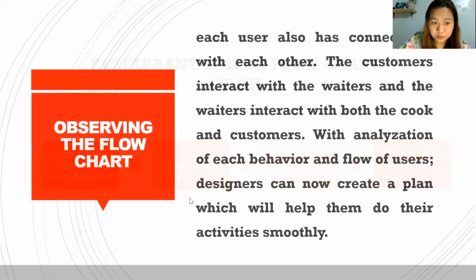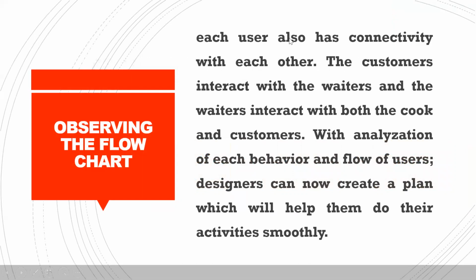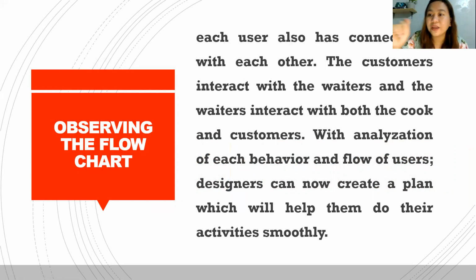So, observing the flow chart na pinakita ko kanina, hala, naharangan eh. Yep. So, each user also has connectivity with each other. Kung makikita natin, magkaka-connect pa rin sila. So, kunyari, si customer kaya siya nakikipag-interact siya kay waiter. Si waiter, nakikipag-interact siya kay cook pag kukunin niya na yung food, and then kay customer.